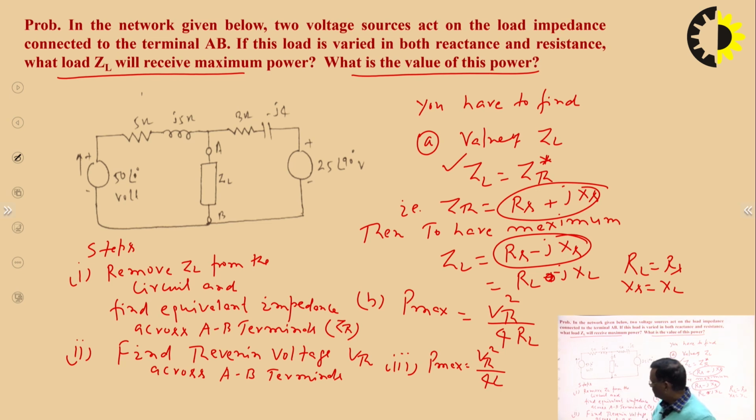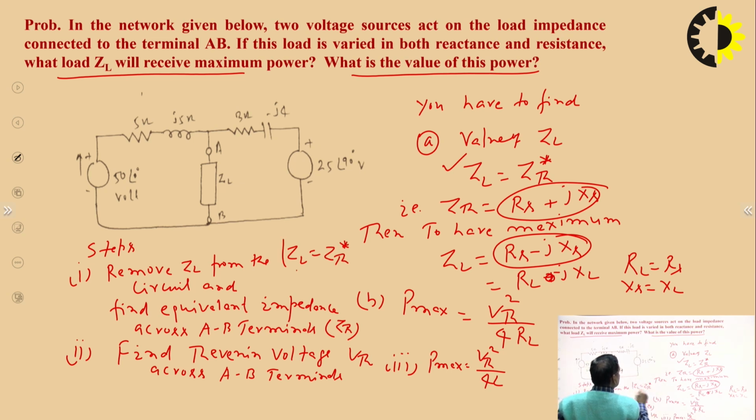So we will do this problem. What we do? We just remove this ZL from the circuit, replace these voltage sources by their internal impedance, find the equivalent impedance across the AB terminals, that will be the ZTH, and to have the maximum power, ZL is the complex conjugate of ZTH.